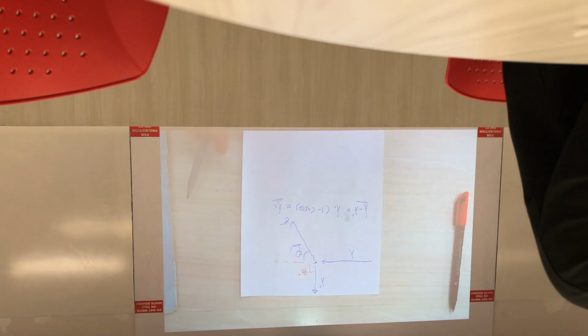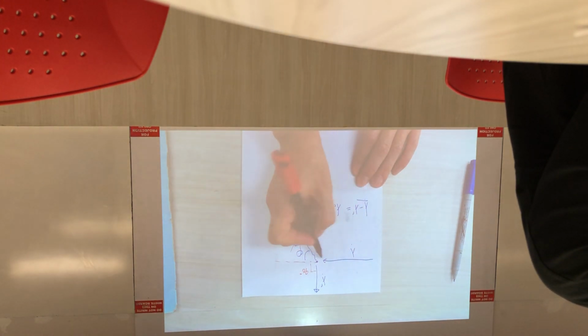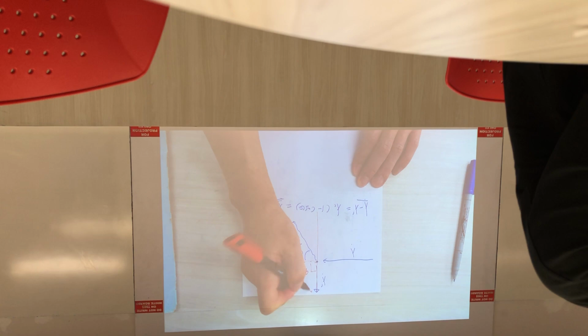So what we are going to do is use the conservation of momentum. I'm going to introduce coordinates like this: this is going to be our x-axis, and this is going to be our y-axis.